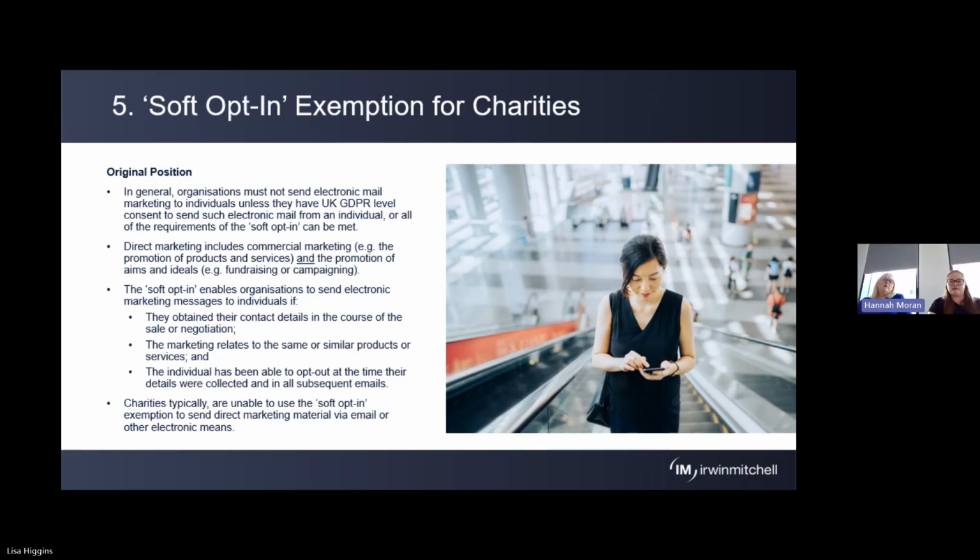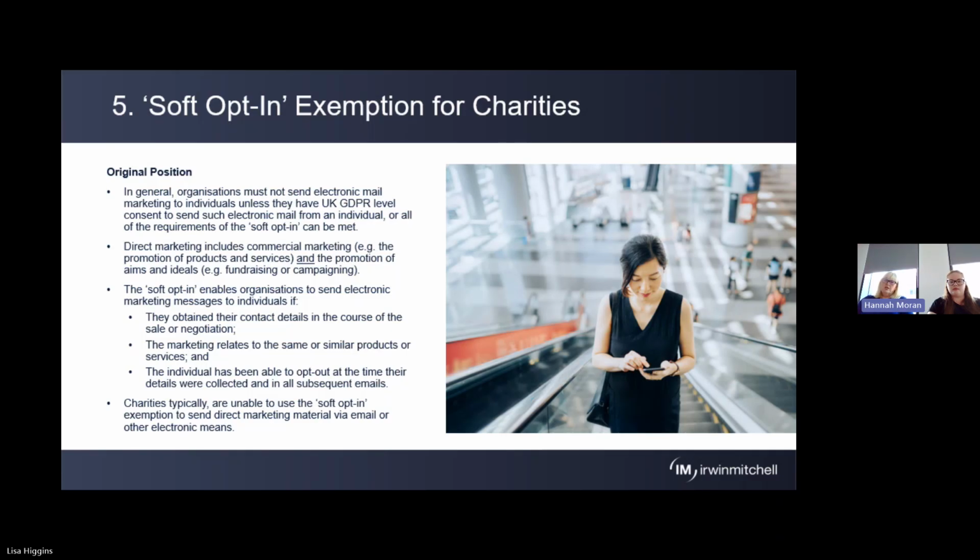And most people will market via email these days. Most people won't use snail mail unless they really, really have to. So one of the options, if you're using electronic marketing, is, in addition to consent, and the general rule is you should have consent, is that there is an exemption which is called the soft opt-in.